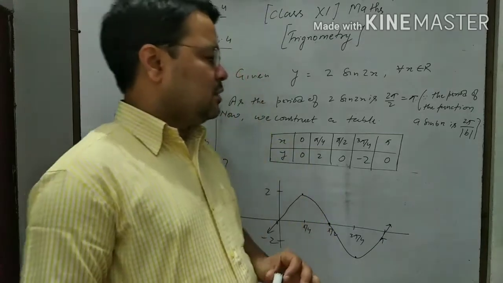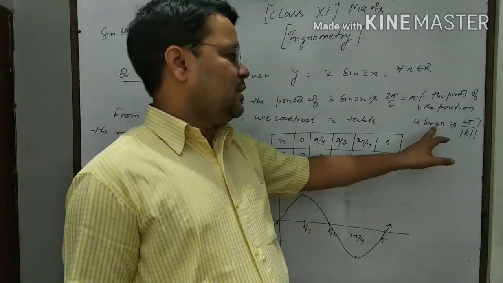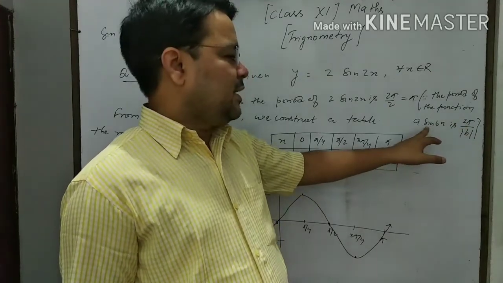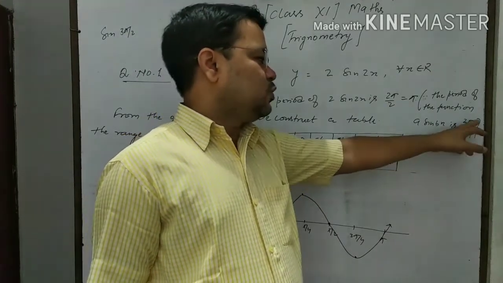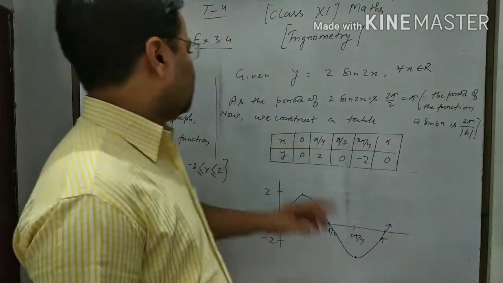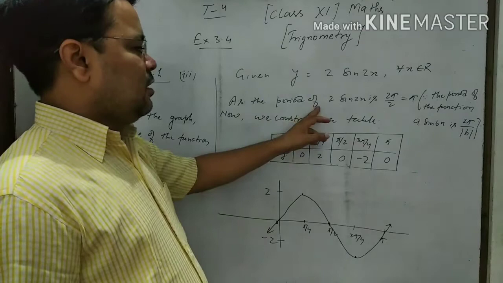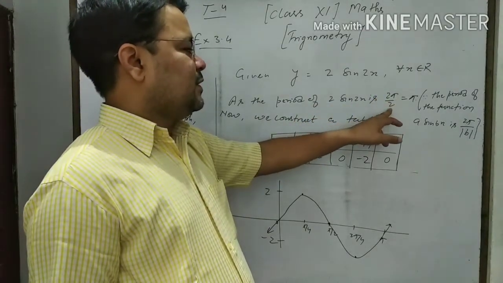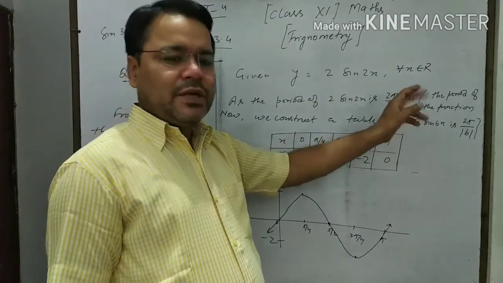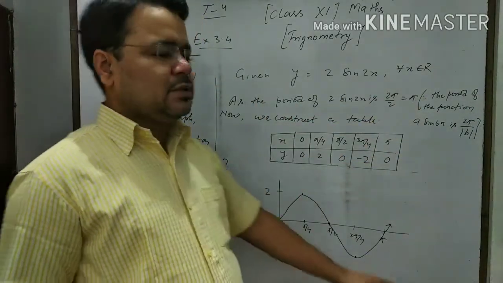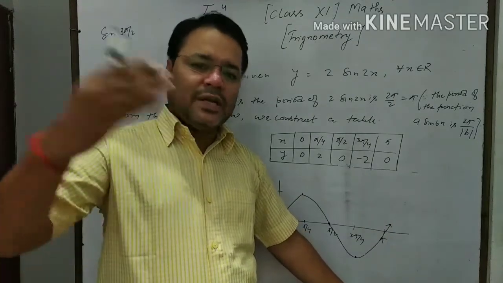But if the function is in this form a sine bx, where a and b may be real numbers, in that case its period will be 2 pi upon modulus b. On this basis, here the period of 2 sine 2x is 2 pi by b, means 2 pi by 2, means pi. It means after this period, the graph will repeat itself.